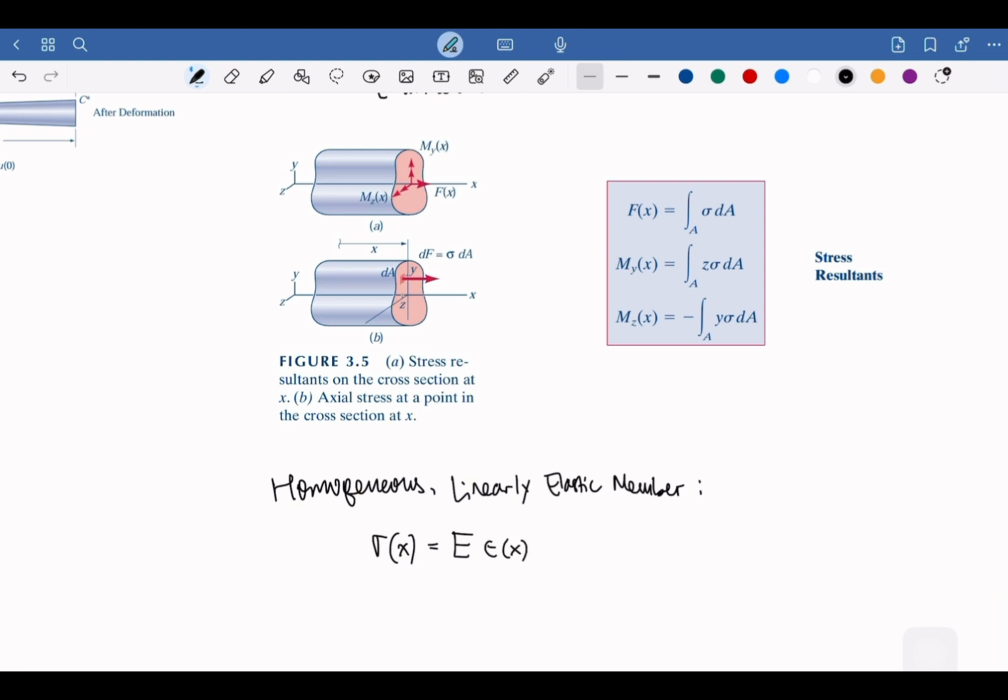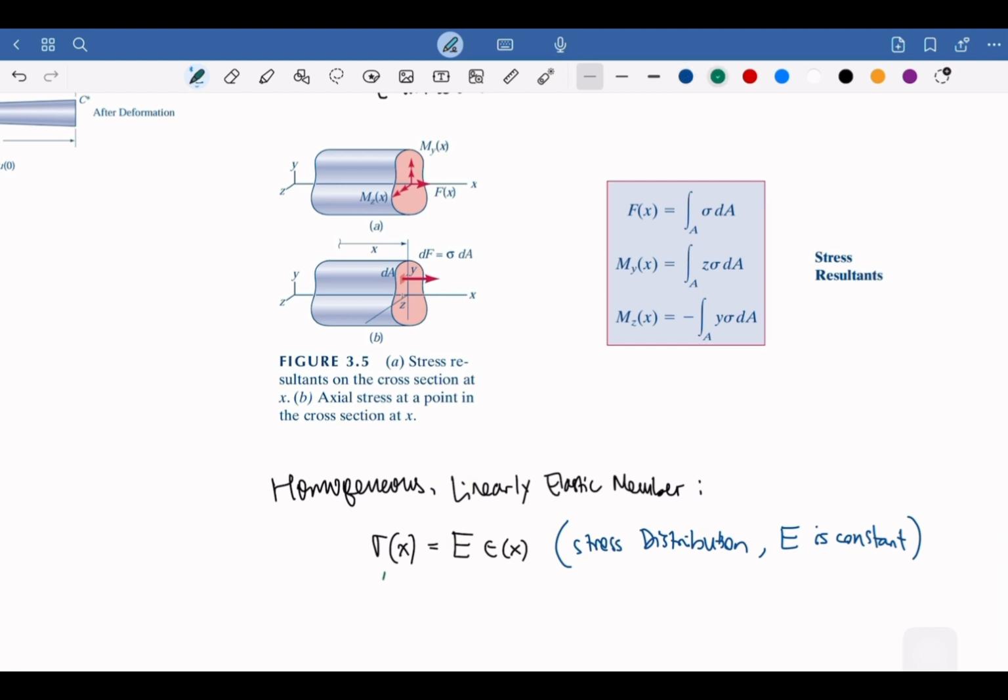Okay, so in this stress distribution, the E, the modulus, is constant. And since E is constant, then the stress distribution will also be constant.